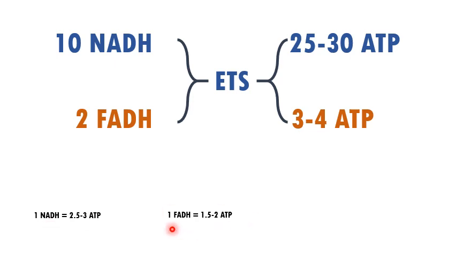Whereas for FADH, traditionally we fix that it has 2 ATPs, but recent studies tell that it is only 1.5. And one more aspect is there: the NADH which is synthesized in glycolysis takes place in the cytosol, and the ETS is present in the mitochondrial matrix.